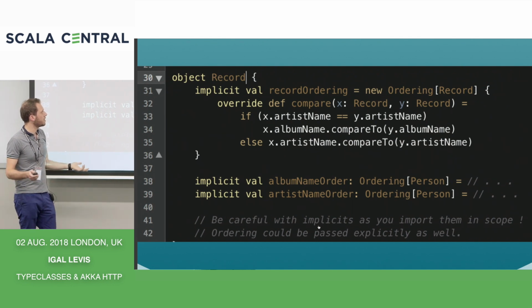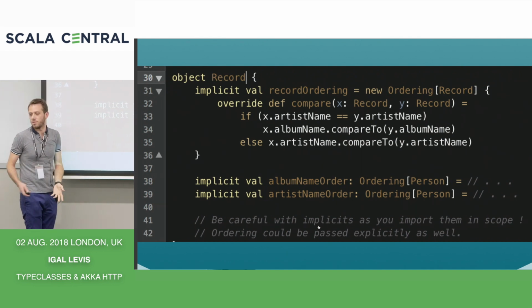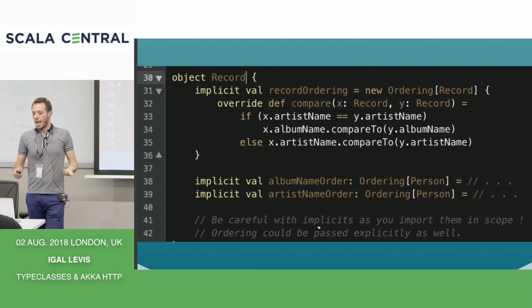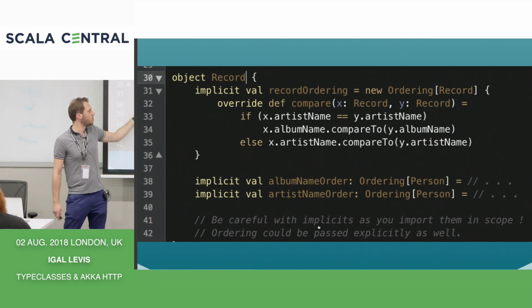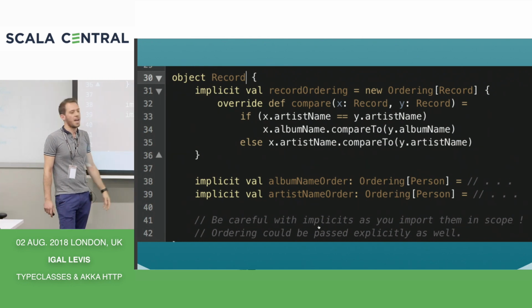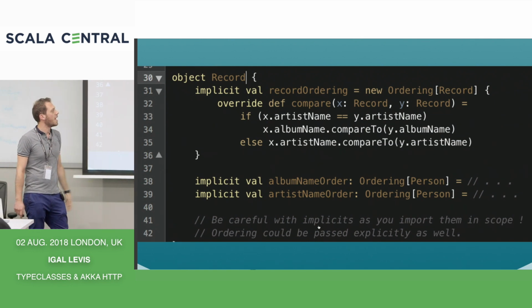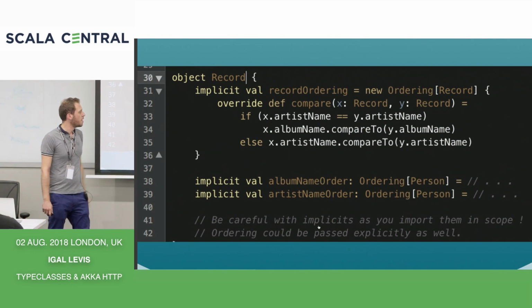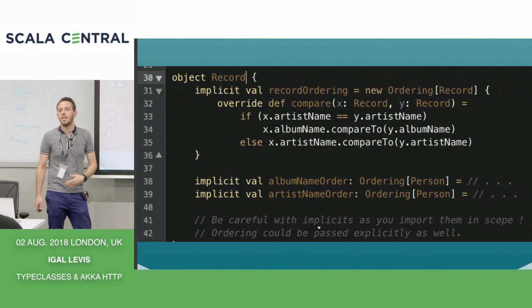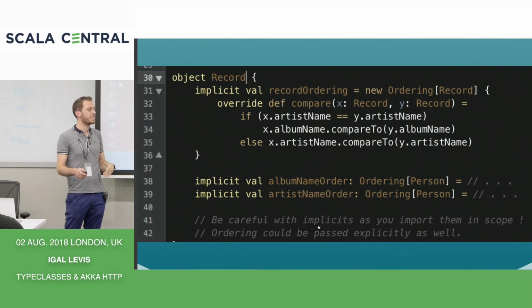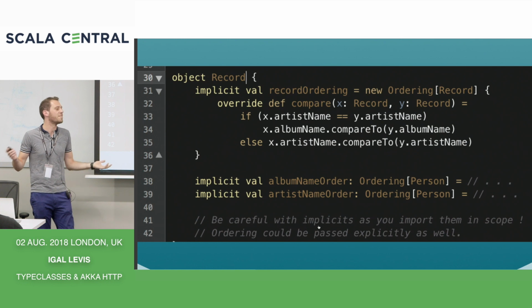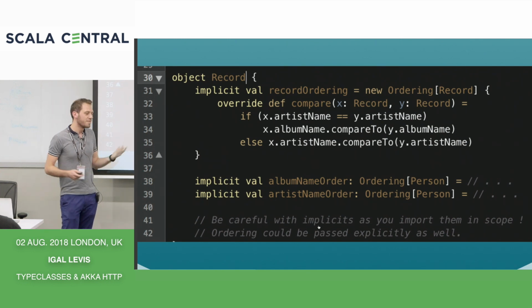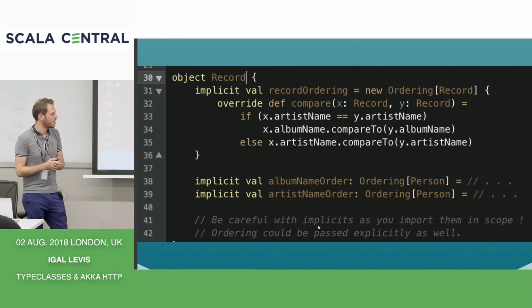The beauty of this is that, one, I don't need to change anything in the Record. And the second is that if I wanted to do different kinds of orderings, I can define multiples of them, and then I can use them accordingly. But just a side note here, implicits can be troublesome, and I've listened to my fair share of talks about the evils of implicits, but they have their use when used properly.